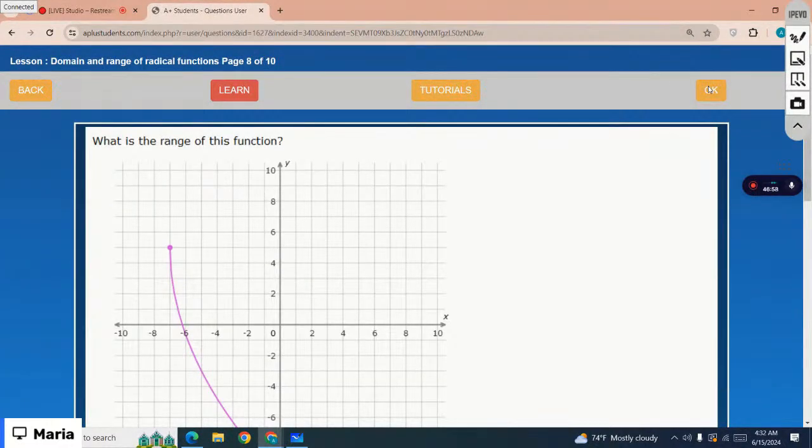What is the range of the function? You have to see the range of the function.